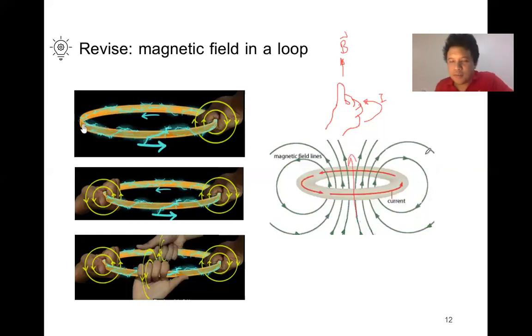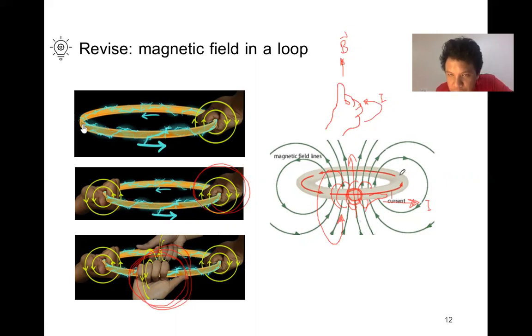But in the other way, if you consider your right hand at any point of the loop, for example at this point, and use the thumb as the direction of the current here, you are going to see that you have the magnetic field in this direction.